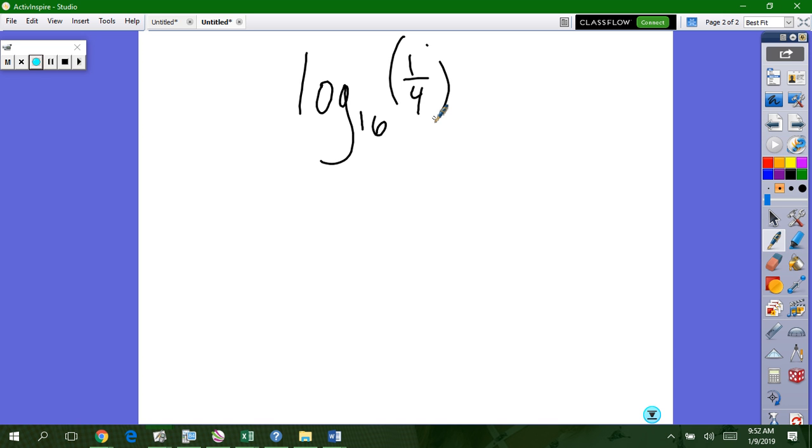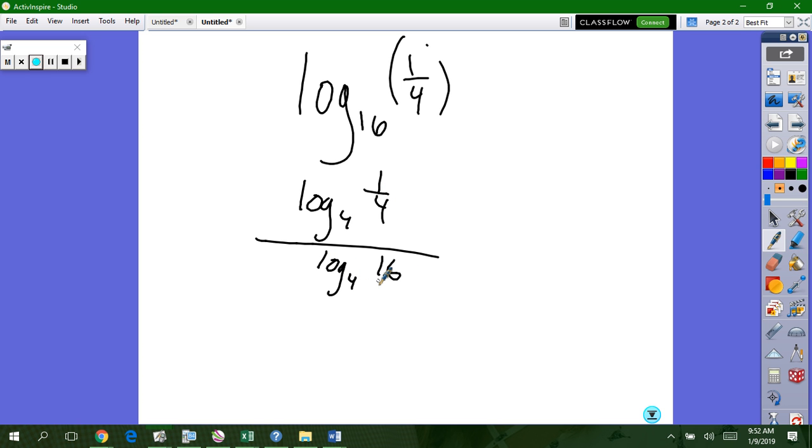Hey, here, ladies and gentlemen, this is a case that I probably wouldn't use a common log, or would I use the natural log? Anybody know what I would do? What base would I like? Base 4. Log base 4 of 1/4, over log base 4 of 16.